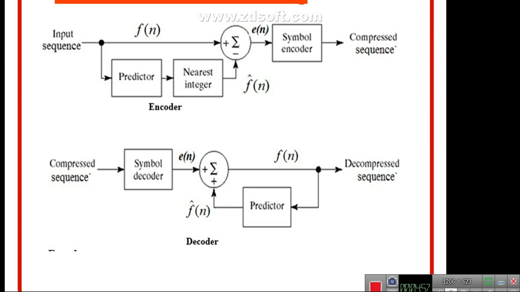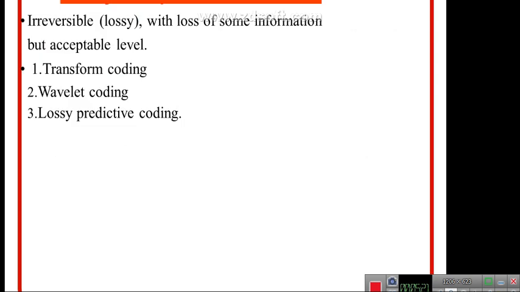The resultant value of e of n is encoded using the symbol encoder, and the final result is called the compressed sequence. On the decoder side, the compressed sequence is given as input to the symbol decoder. After decompressing, we get the decompressed sequence. This is the lossless predictive coding block.